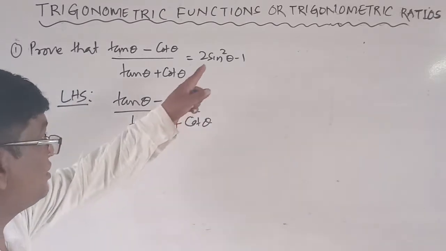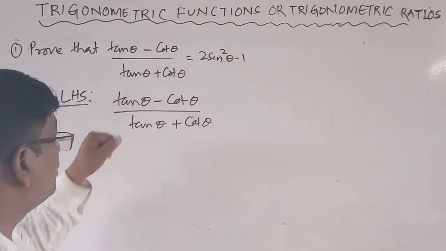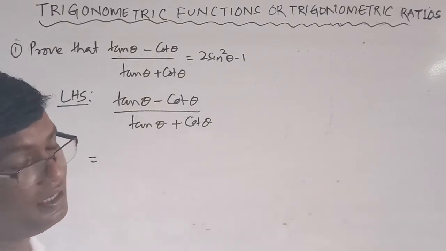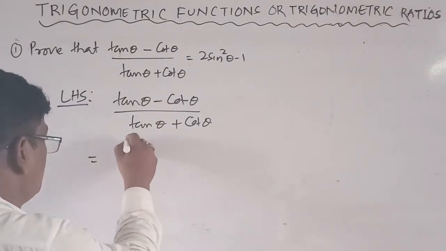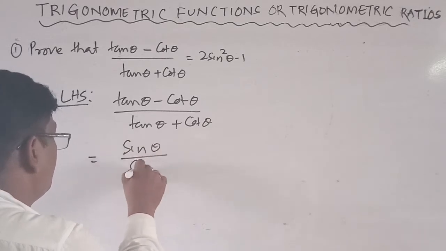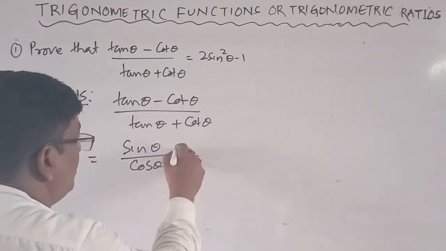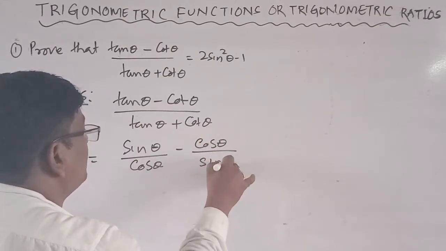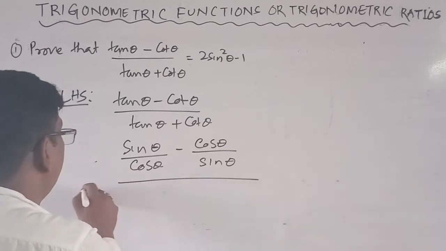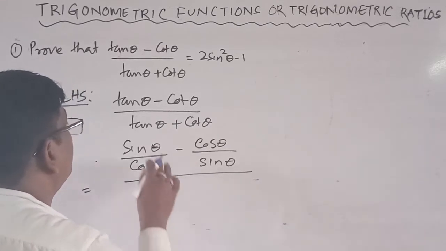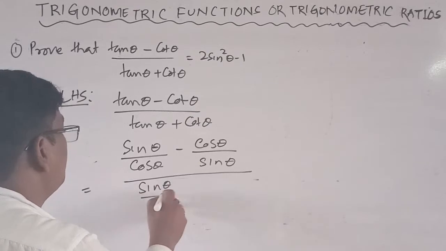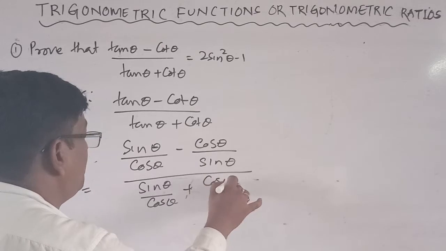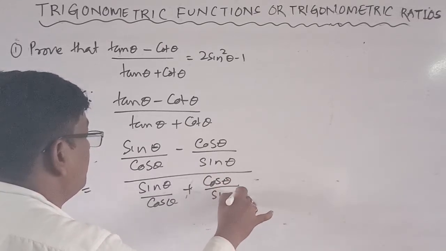The right hand side is in terms of sin, so convert the tan theta and cot theta in terms of sin and cos. Tan theta means sin theta by cos theta. Cot theta means cos theta by sin theta.